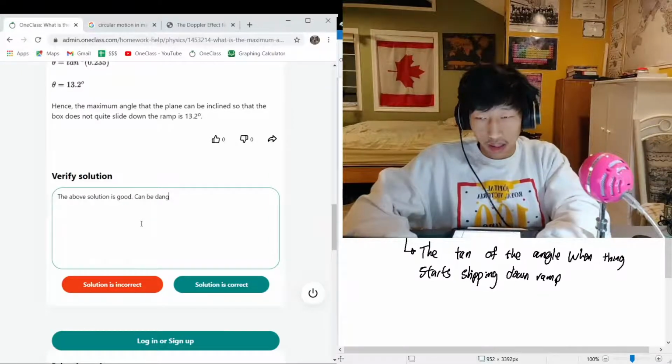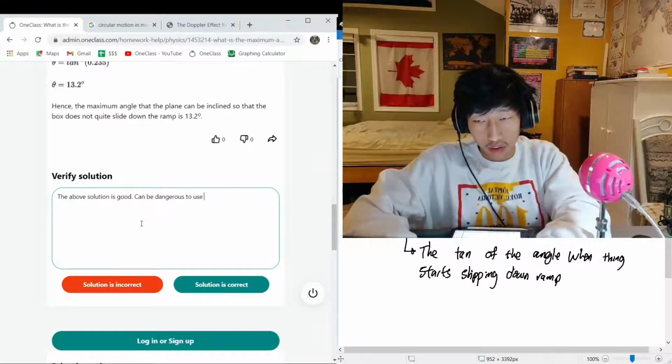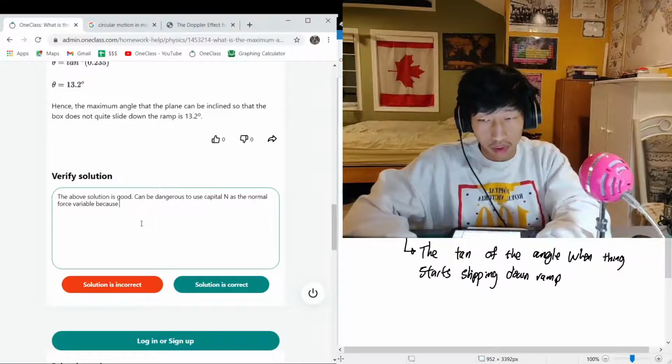It can be dangerous to use capital N as the normal force variable because it could be confused with the capital N for Newton force units.